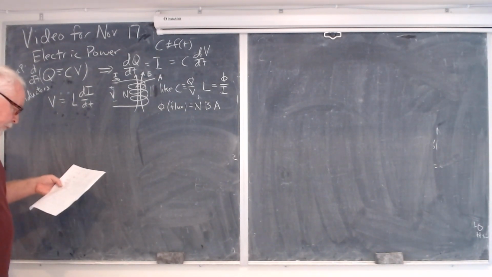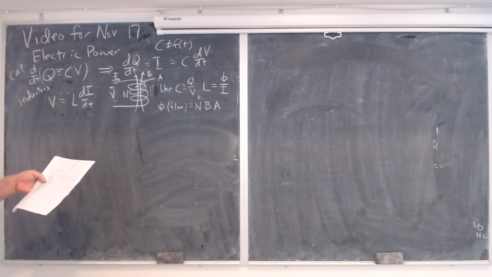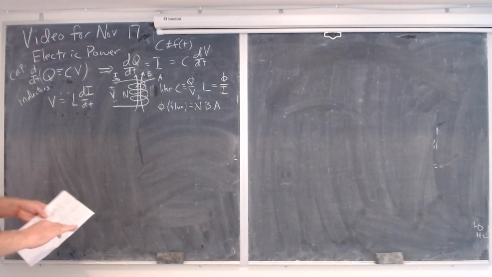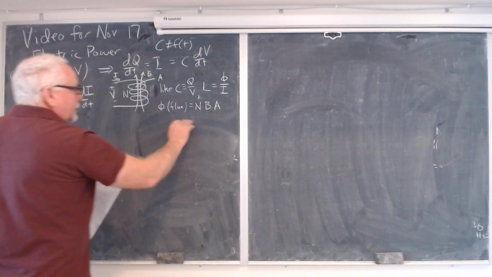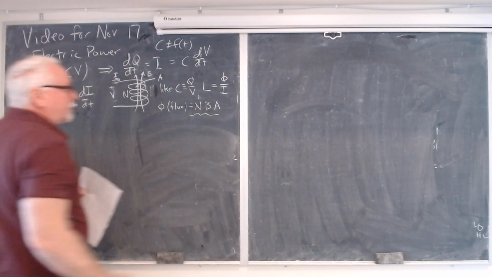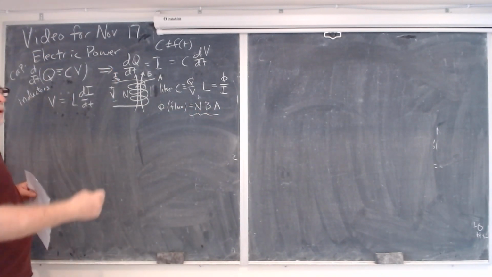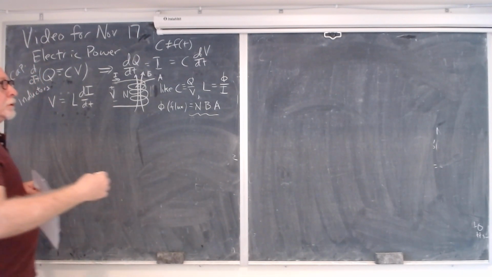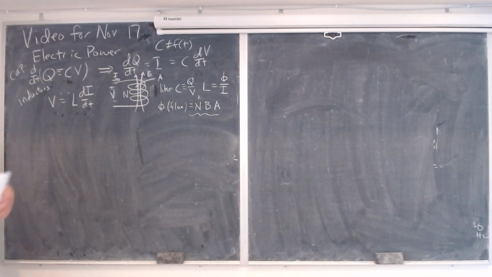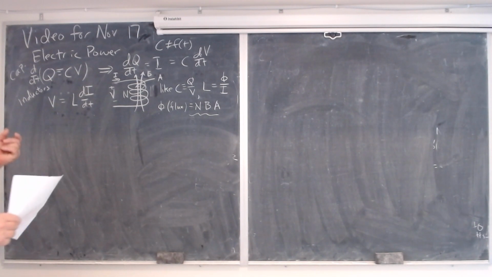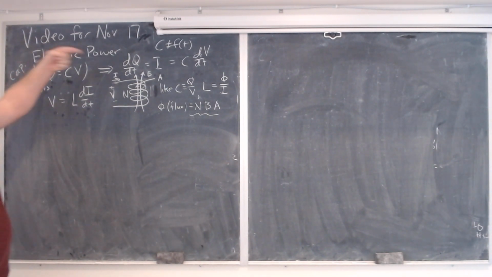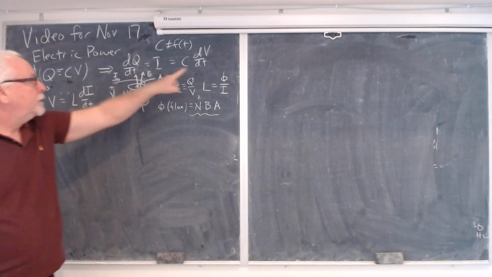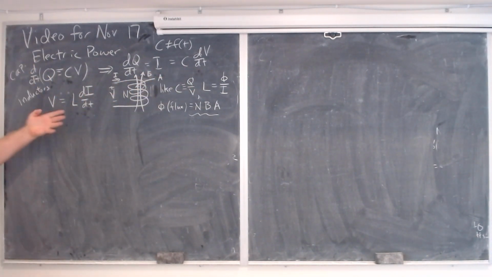Now, we'll just leave it at that. I'm going to put a little wavy line under there because you have to really do an integral, but I don't want to make it any more complicated for the purposes of this course than we need to be. So, in capacitors, I is proportional to dV/dt. For inductors, I'm just going to postulate that it's a circuit element for which the voltage, you just switch I and V, is L dI/dt.